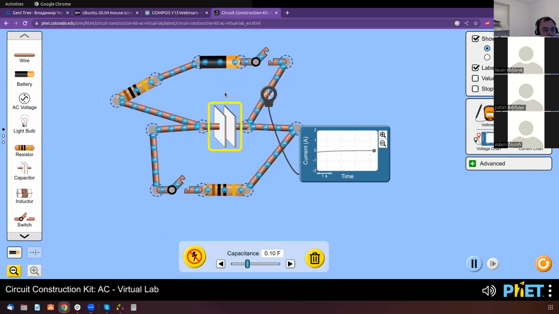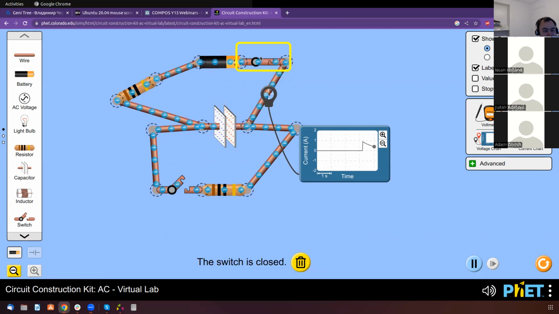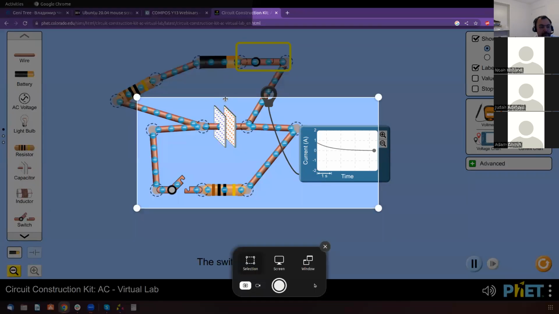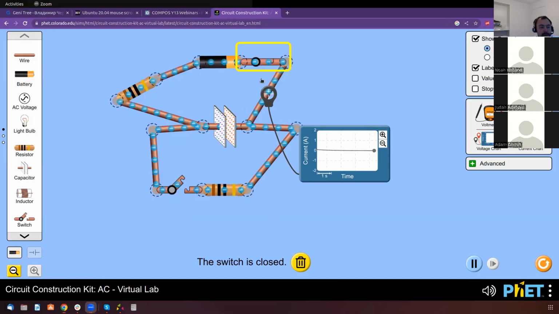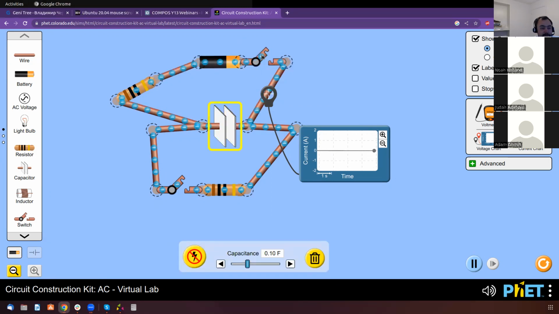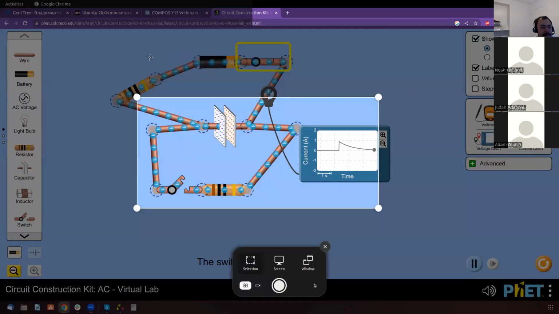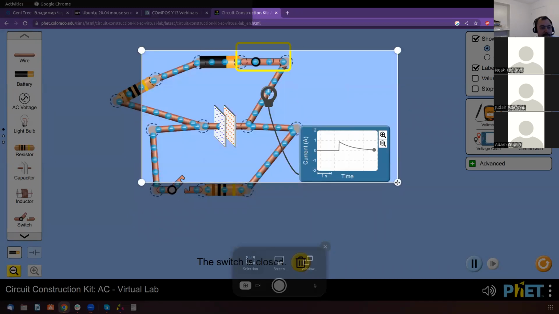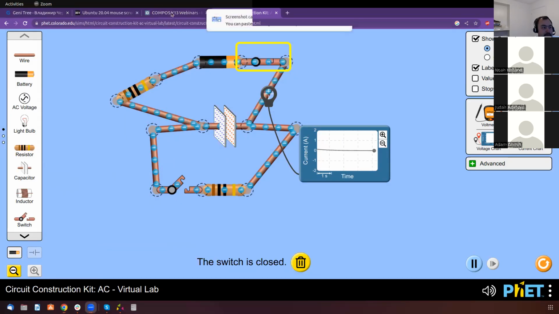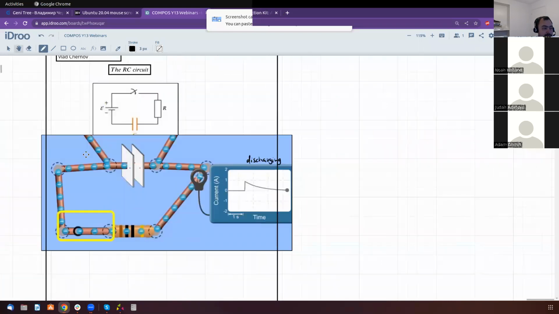Okay, so discharge the capacitor, going like this. Same curve. So open it up, discharge, close it. And this is charging.